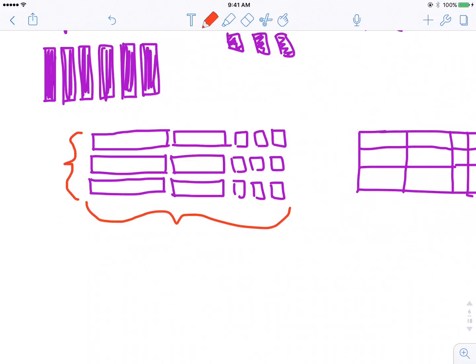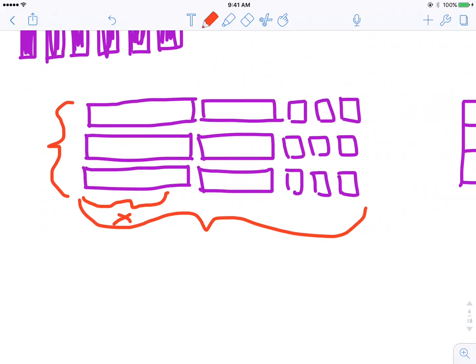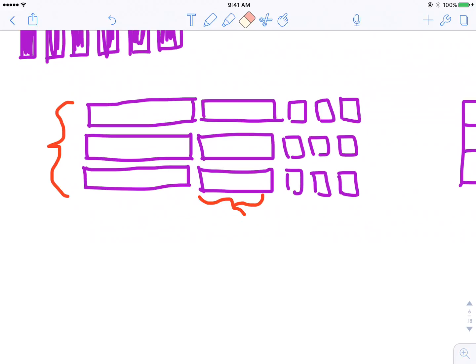Here, this dimension represents x, or in this case n actually. I should keep it consistent. In this case it's n. This dimension would also be n.